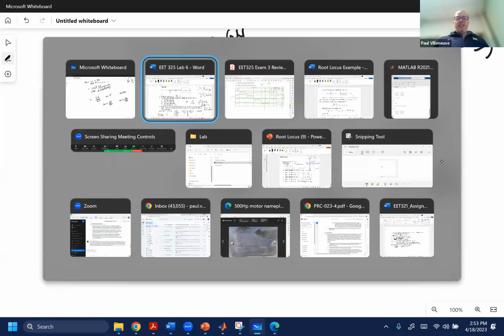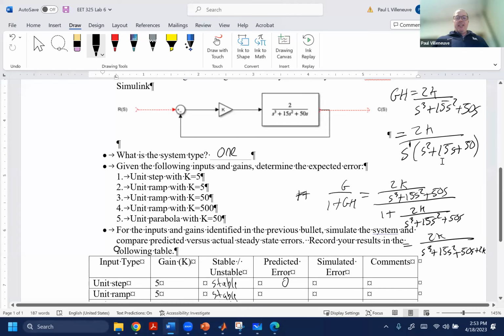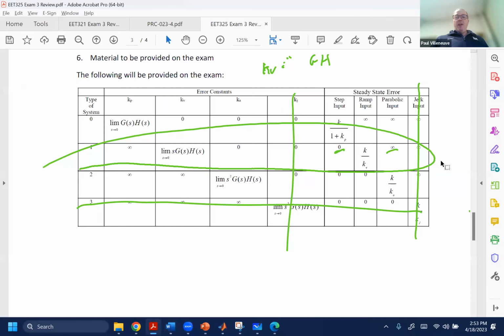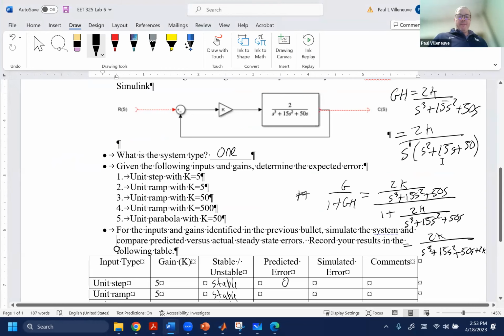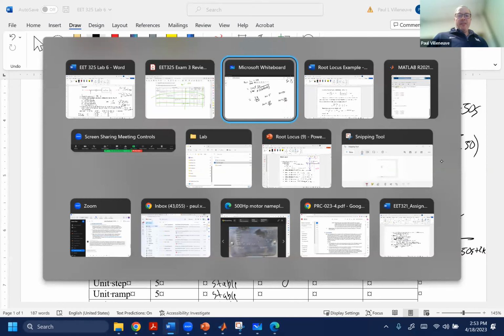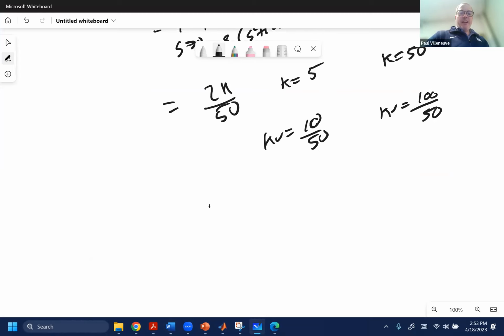Now I gotta look at my steady state error. My steady state error is gonna be K over K sub V. It's a unit step, we're assuming, or a unit ramp, I should say. So for my ramp input, ESS is equal to 1 over K sub V. So over here, that's equal to 1 over 10 over 50.